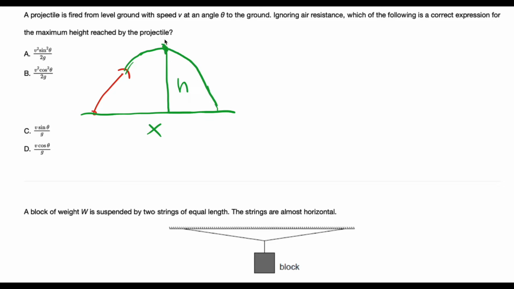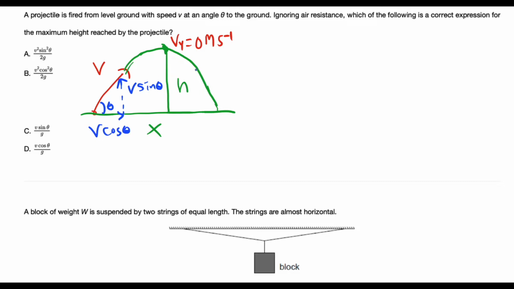At the maximum height, the vertical velocity is equal to 0 meters per second, and the initial velocity is equal to v. You can separate the velocity v into vertical and horizontal components. So this is theta. Then the initial vertical velocity is equal to v sine theta, and the initial horizontal velocity is equal to v cosine theta.